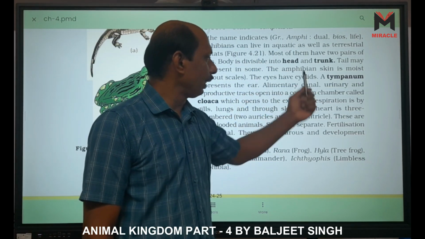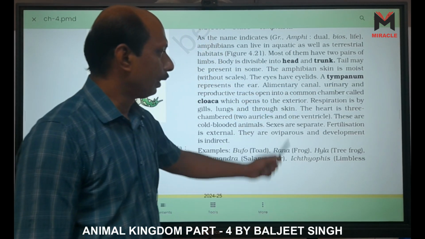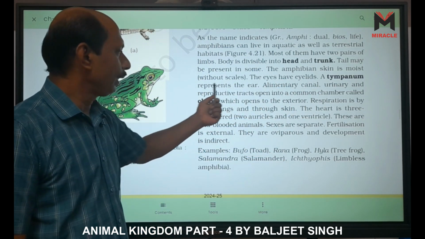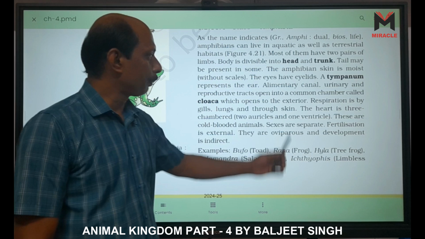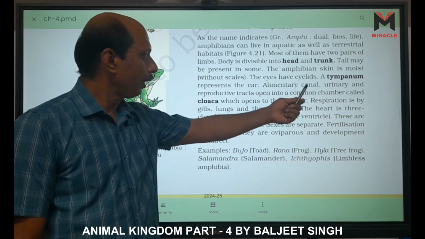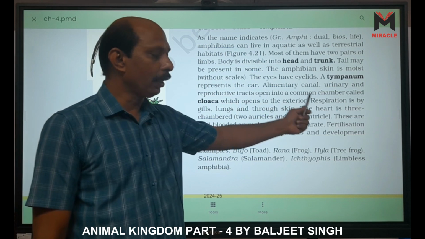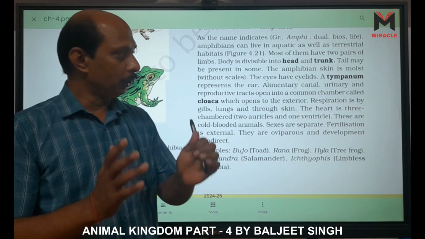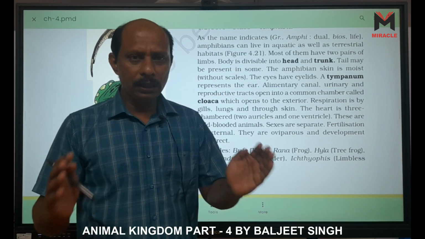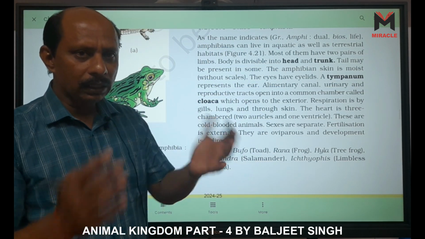The eyes have eyelids. A nictitating membrane is also present. A tympanum is present in the ear. The alimentary canal is complete. The urinary and reproductive tracts open along with the alimentary canal, all three into a single chamber.